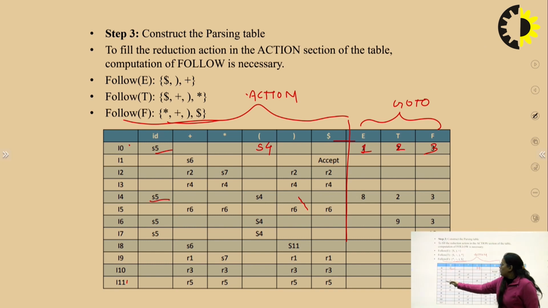I6 to ID, S5, and I7 to ID, S5. Then all the shift entries are done in this form.